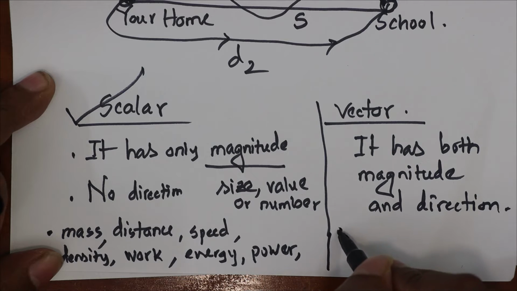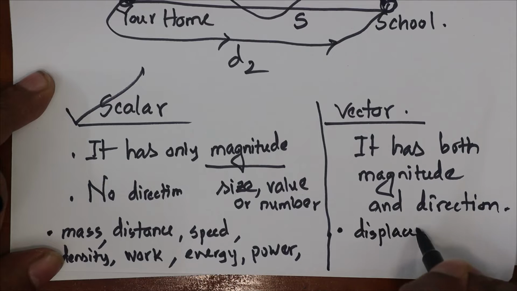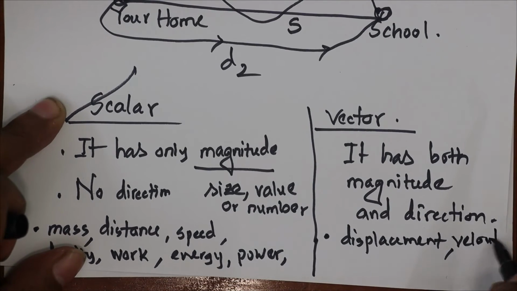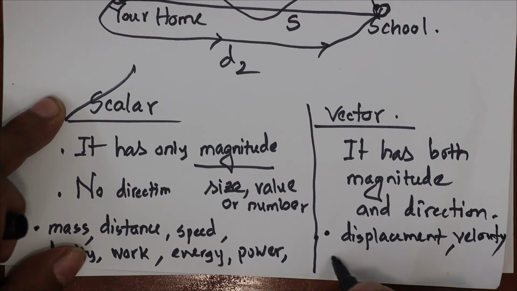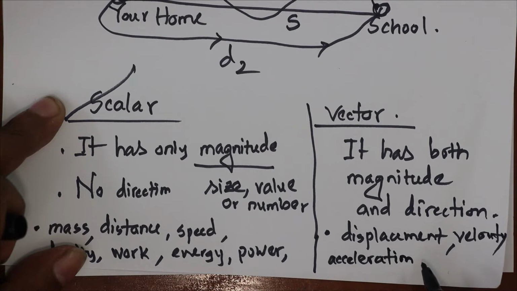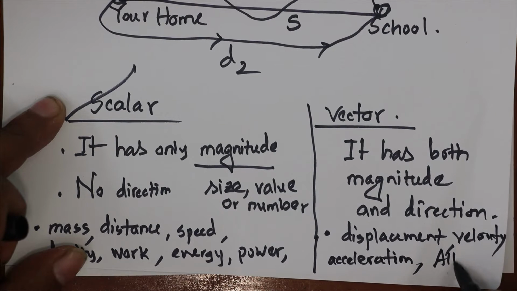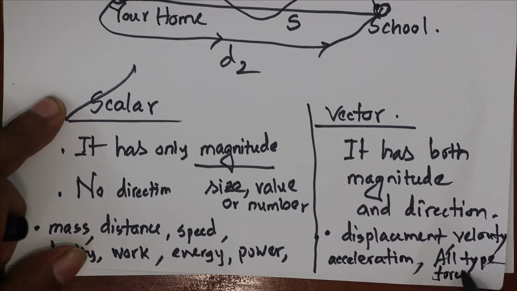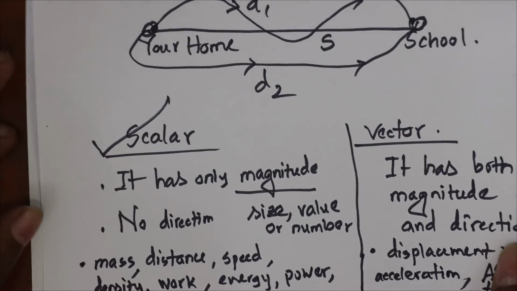On the other hand, vector quantities: displacement is a vector quantity. Velocity is a vector quantity. Remember, velocity is a vector. Acceleration is a vector quantity. All types of force are vector quantities.